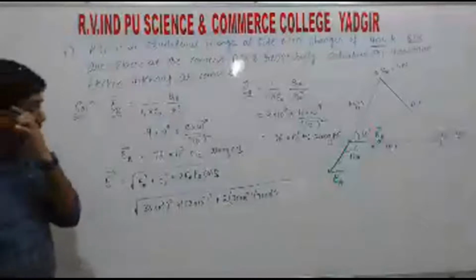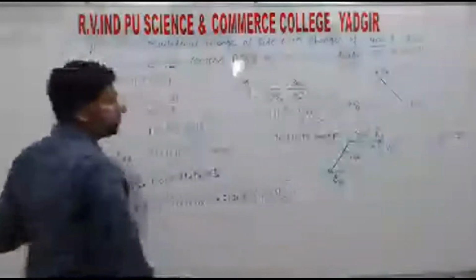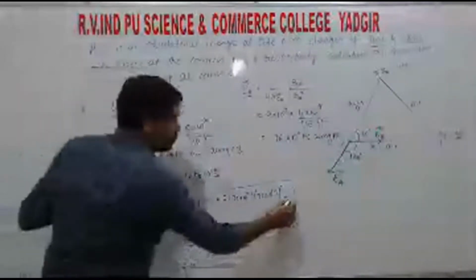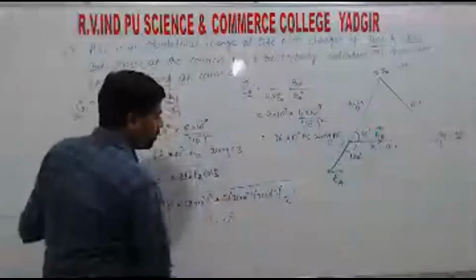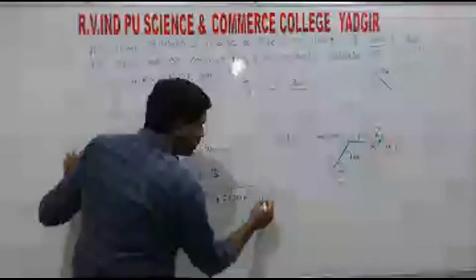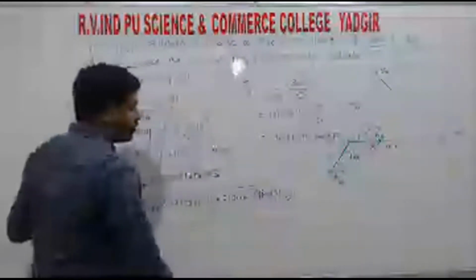Cos 120 is minus 1 by 2. Cos 60 is 1 by 2, so for obtuse 120, cos is minus 1 by 2. So here plus 2, we will divide here. Two 36 is 72, right?